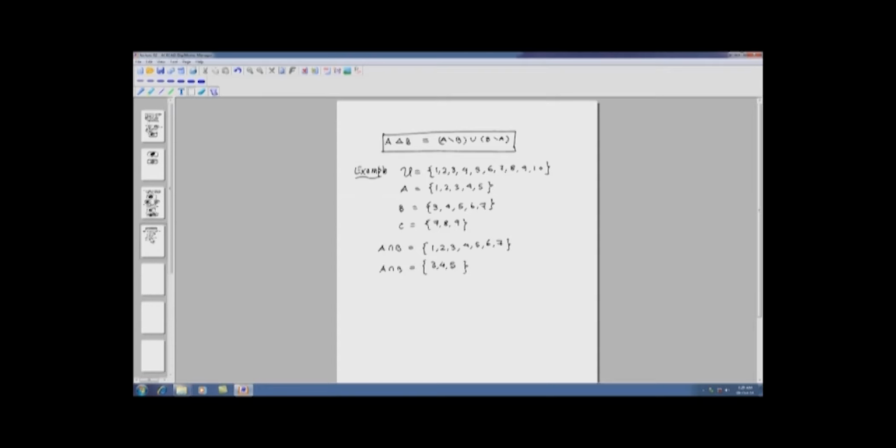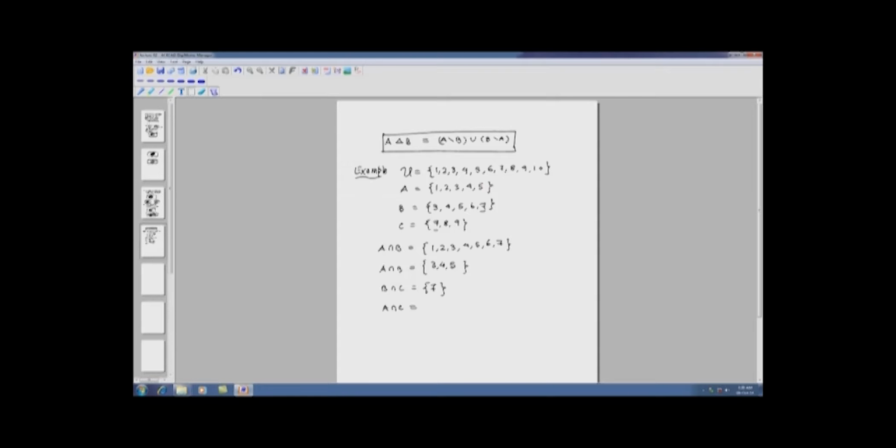Now, if we take B intersection C, B intersection C is only 7, because we see that this 7 is the only integer which is common to both B and C. And then if we consider A intersection C, we see that A is 1, 2, 3, 4, 5 and C is 7, 8, 9.